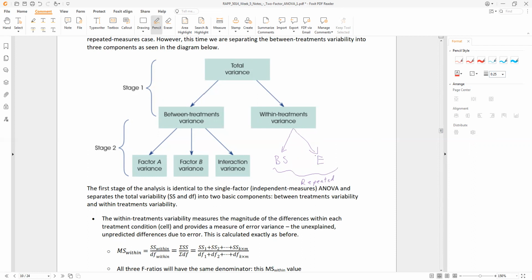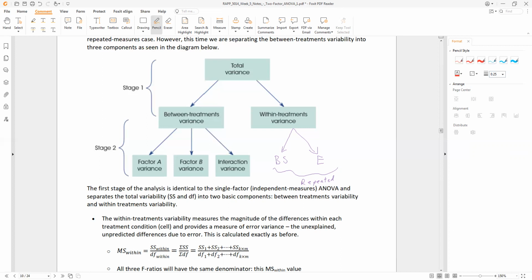And then we have the error thing, which becomes our denominator. So all the post hoc repeated measure stuff that we've done for the 1-factor ANOVA is also possible for 2-factor ANOVA. It just gets more and more complicated the more things we add, obviously.